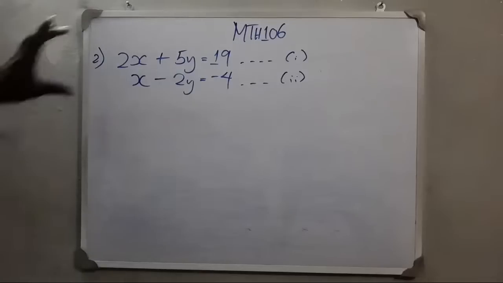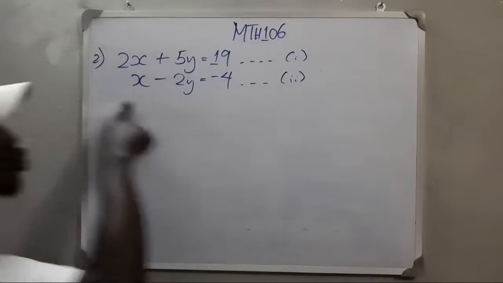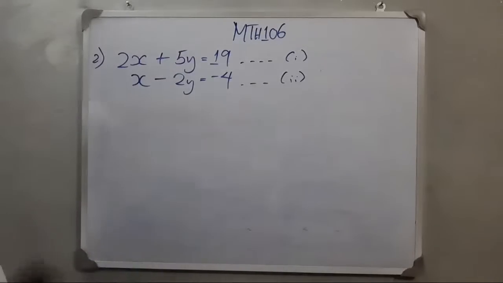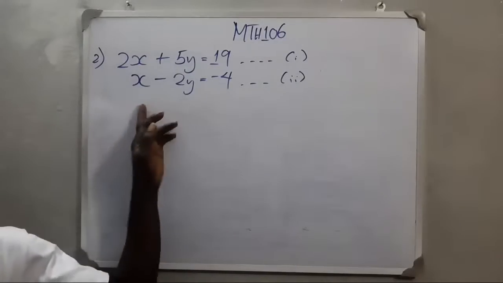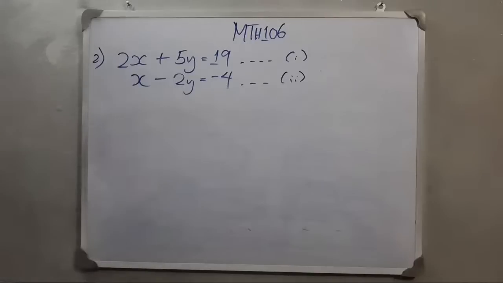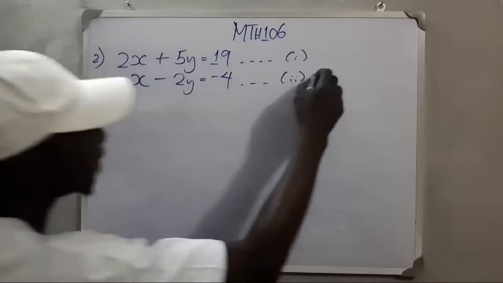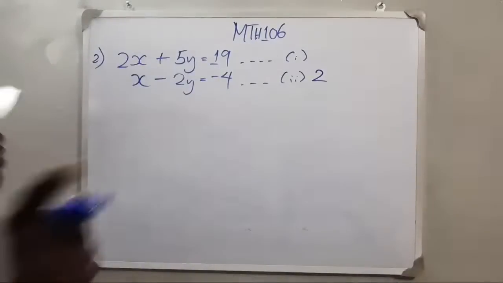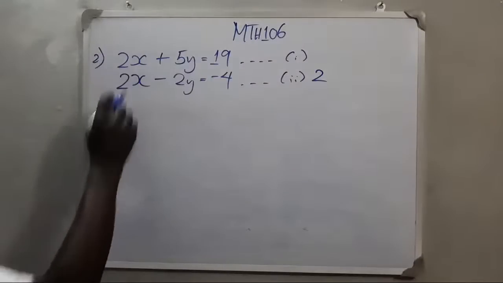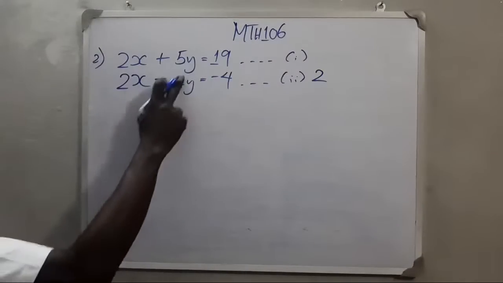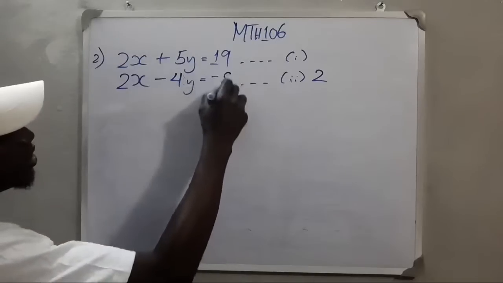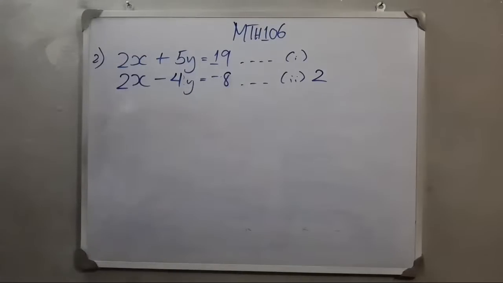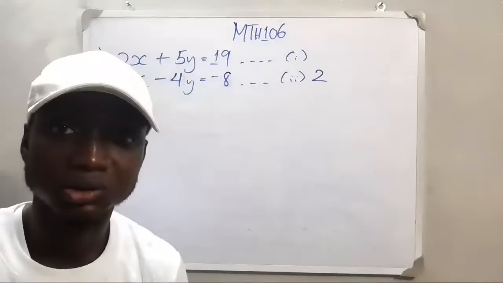From what we can see here, equation 2 seems to be the way forward, because we're having one unknown standing alone. Multiplying this by 2 will not be sufficient, because what we will be having here will be 2x, 4y, and here we'll be having 8, which is definitely not what we want.